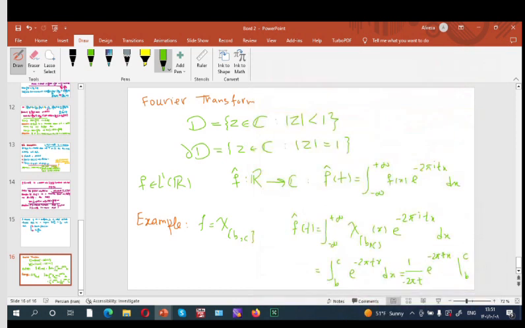And so it is equal to e to the minus 2 pi i t c minus e to the minus 2 pi i t b over minus 2 pi i t, okay?